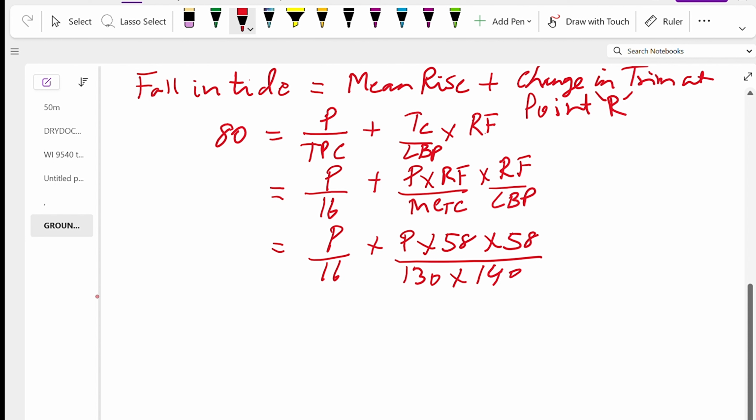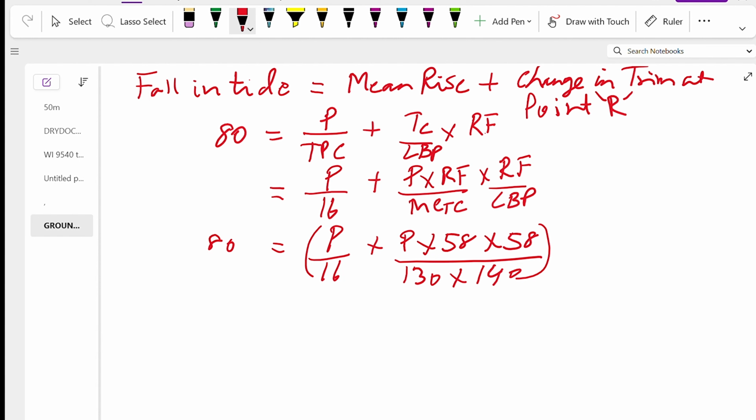So mean rise and the change in the draft at position R due to trim effect, we add them. This will be the total reduction at point R, and that is going to be equal to the fall in tide because it is grounded at this location. Whatever will be the fall in tide, that will be the change in the draft. 80.